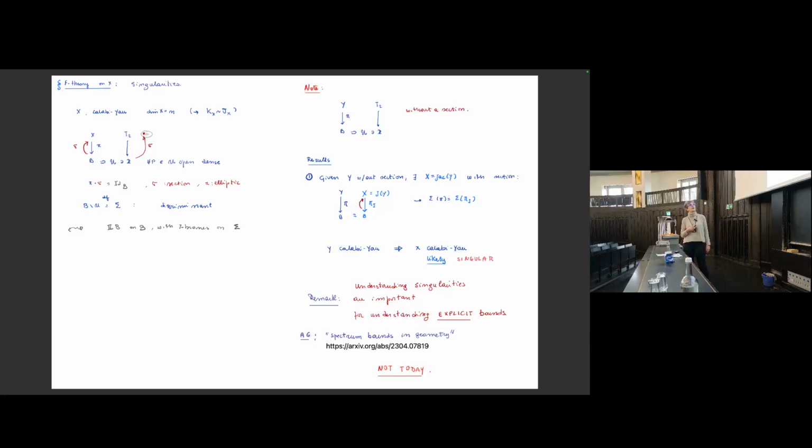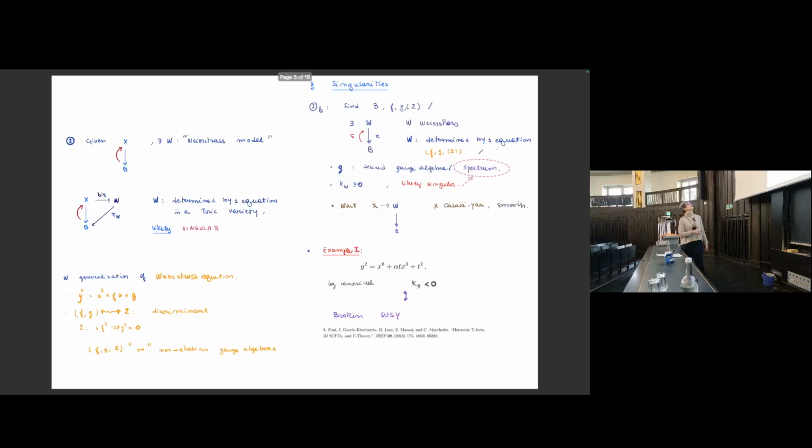We need to go from one to the other and understand the language. But I'm not going to talk about it today. I'm going to make an advertisement for a paper which I wrote about a year ago when I discussed this topic a little bit. But by far it is not the last word on it.